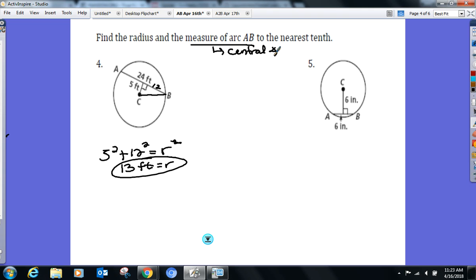Now, it's not drawn in. Anybody tell me what the central angle of this arc AB would be? It would be angle BCA. Yep. If you guys can find that angle measure, you have the arc measure. Whew, how do I find that angle measure?